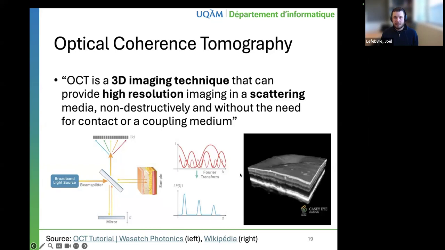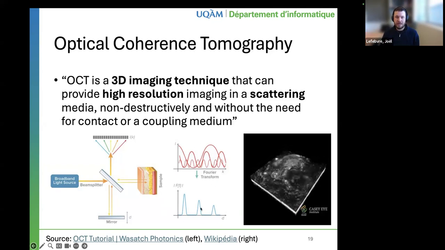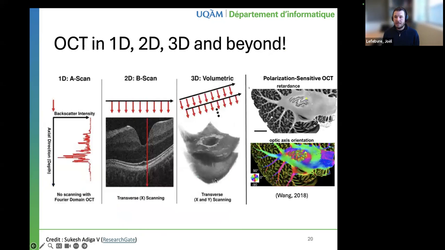This will give us different interference patterns for different wavelengths, and then we can reconstruct that signal by doing a Fourier transform to get the reflectivity of the sample at different depths for a single scan. With OCT, we also need to scan the beam over the sample. A single scan is what we call an A scan, which gives you the reflectivity of the sample at different depths.